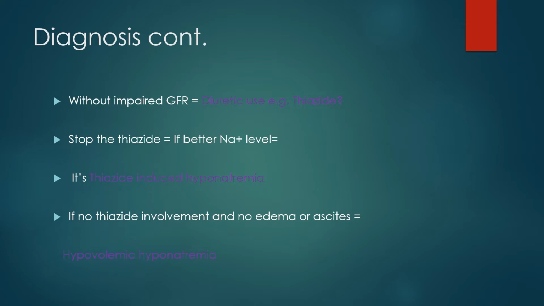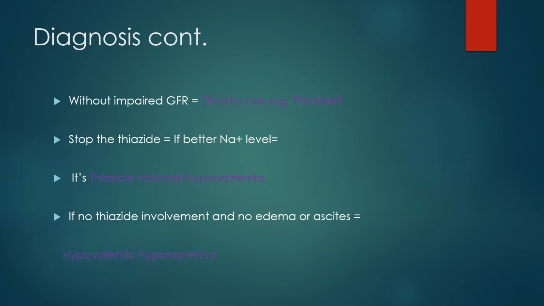Okay, if there is no impaired glomerular filtration rate, then we need to find out, have you used diuretics recently or you are on it right now, particularly thiazide? Then we will advise, stop the thiazide. If the level of sodium is now better, then the hyponatremia we've been dealing with is secondary to the thiazide use.